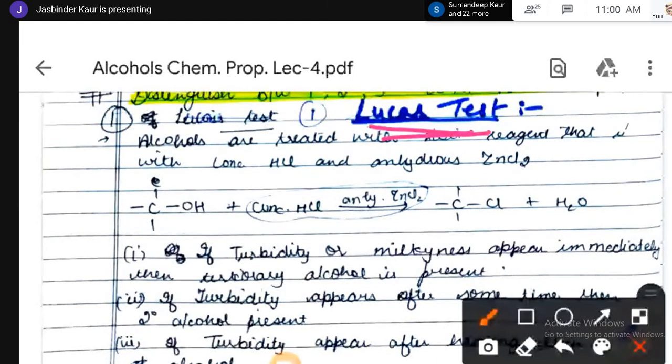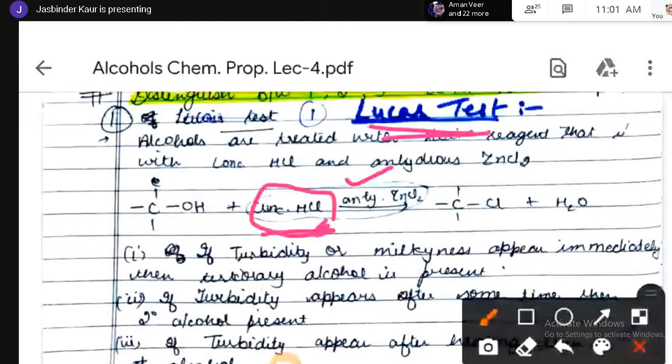In this, alcohols are treated with concentrated HCl. As we already know, HCl is less reactive, so anhydrous zinc chloride is used.